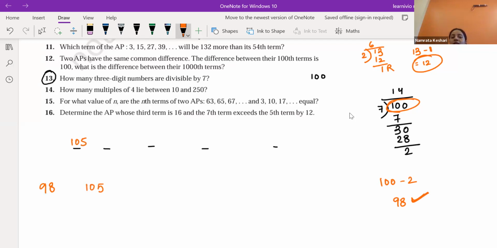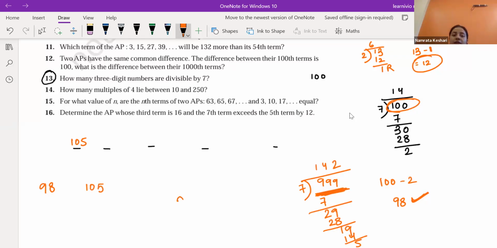And the last 3-digit number is 999. We will divide it by 7, and you will see what you get as a remainder. The moment you subtract that remainder from 999, you will get the nearest number completely divisible by 7. If you divide it, you get 7 1 times 7, 7 4 times 28, 7 2 times 14, and the remainder is 5.